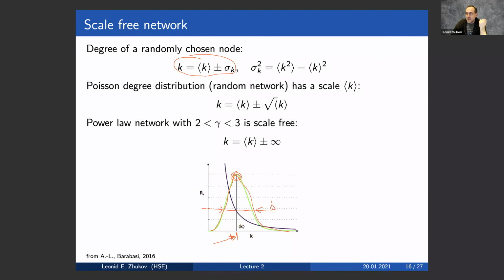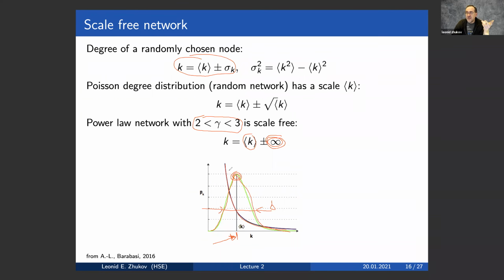With a power law graph, we just saw that, for example, when gamma is in between 2 and 3, and that's why I point your attention to that, the average does exist, but the fluctuation is infinite. So what it means, in plain English, is that there is no particular size with respect to which we can anchor everything else.